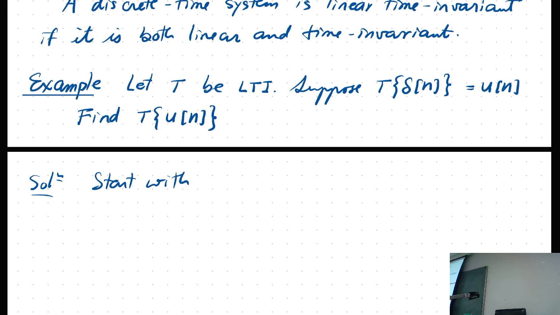If you cannot find the relation between u and delta, then you will not be able to solve this one. So you have to think for a while, what is their relation, u and delta?